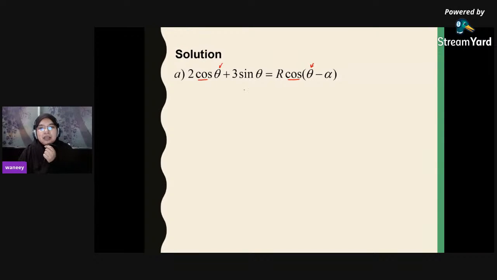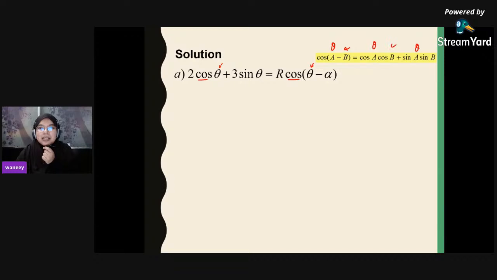Okay, so now r cos theta minus alpha. So we are basically going to use the formula for that. So cos A minus B. If you refer to the formula, it will be cos A cos B plus sin A sin B. Except that now the A is actually our theta, the B is actually our alpha. So every time you see your A, replace them with theta.